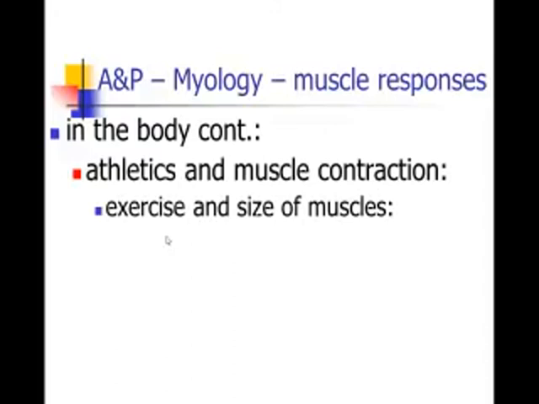Okay, what about athletics when we become active? Exercise is going to affect muscles, and the size of muscles is obviously going to be affected. So we already talked about atrophy a little bit. If you don't use muscles at all, they will atrophy. And remember, that means that the muscle mass decreases, connective tissue starts to replace the active cells, and then eventually fat replaces the normal other kinds of connective tissue.